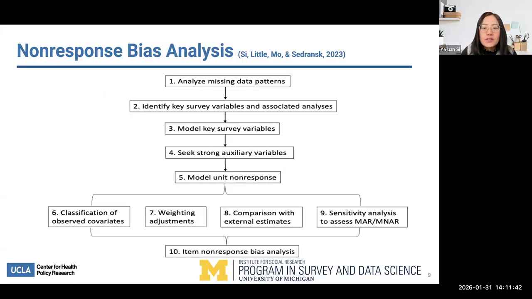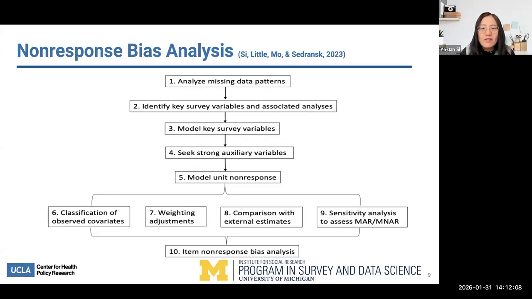We have developed a flowchart showing the steps for non-response bias analysis. We recommend starting from analyzing missing data patterns. Is it monotone or intermittent? Identify key survey measures of interest and the associated analyses.